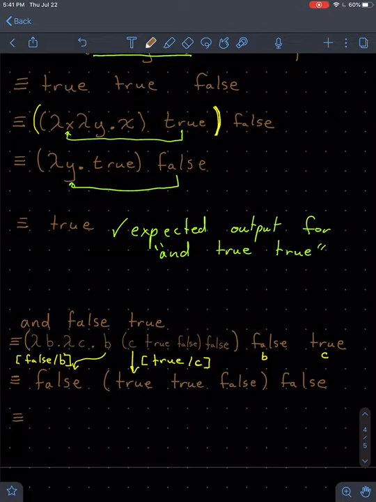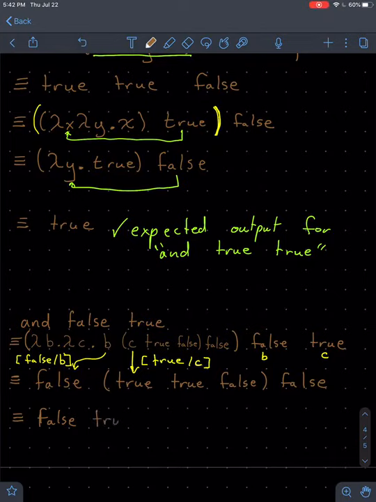Yeah, so we could also write false on... Do you mean false, true, true, or false, true, false? Omega, I think you mean false, true, false.